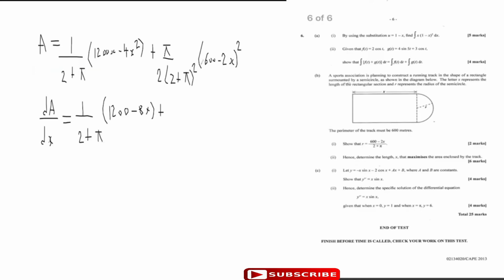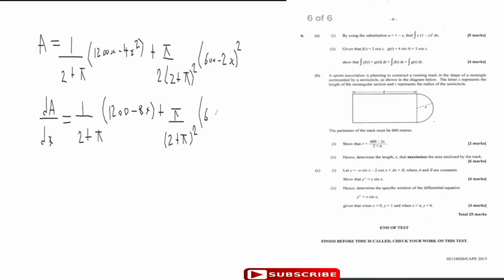Differentiating this now, I'm going to carry down the power. Now carry down the 2, and then this 2 cancels this 2, carry down the power. So I get pi over 2 plus pi all squared. Carry down the power.